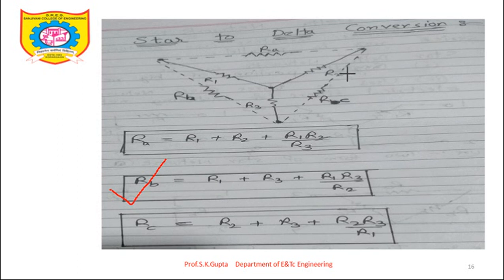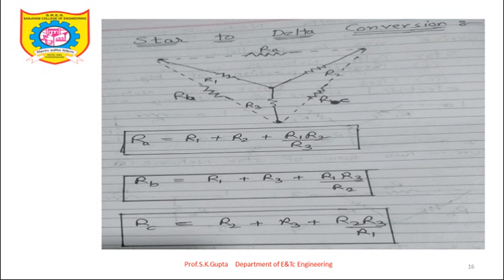I want to calculate the value of RC, the resistance present in the delta network. So nearby resistances are R3, R2. So R2 plus R3 plus their product R2 into R3 divided by the remaining resistor in the star, which is R1. So this way the star network is converted into delta network.